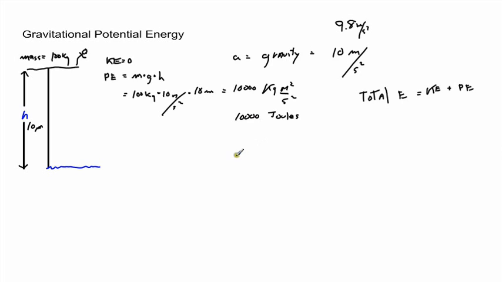Okay, so now we know that his total energy on top is equal to potential energy plus kinetic. So on top, our energy, our total E, equals KE plus PE, which is going to be equal to 0 plus 10,000 joules.